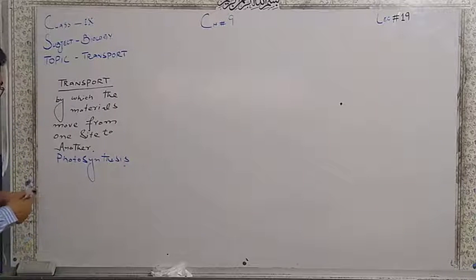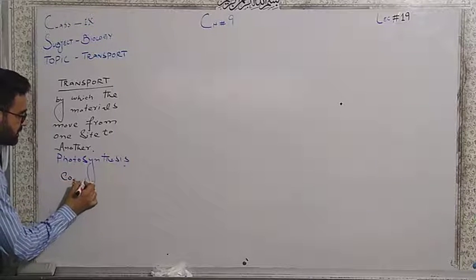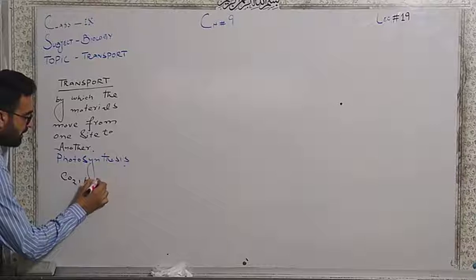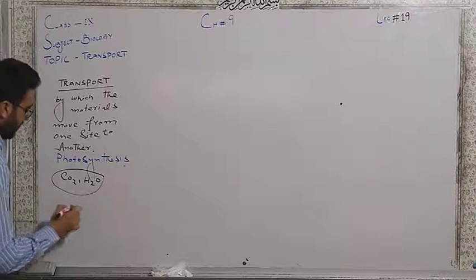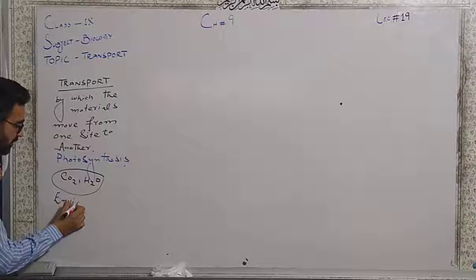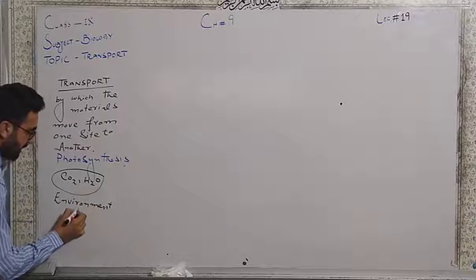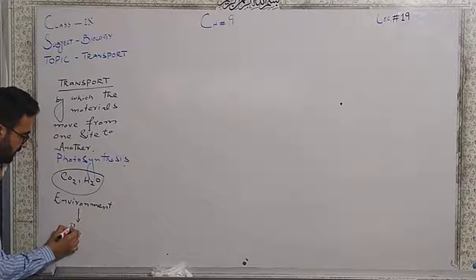So for photosynthesis, carbon dioxide and water need to be transported from the environment to the plant body.